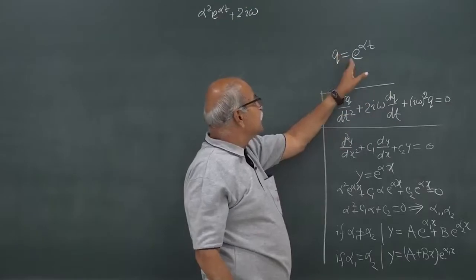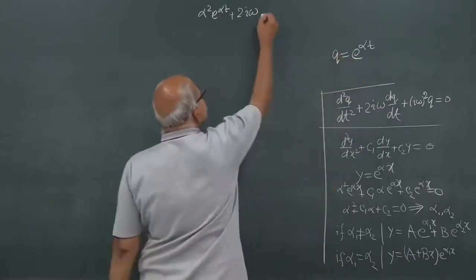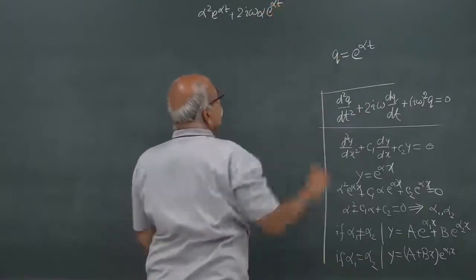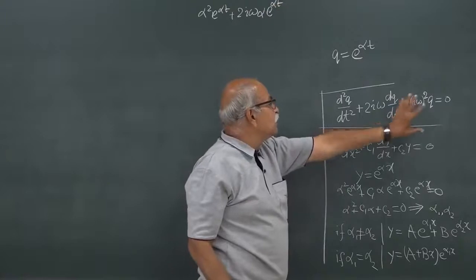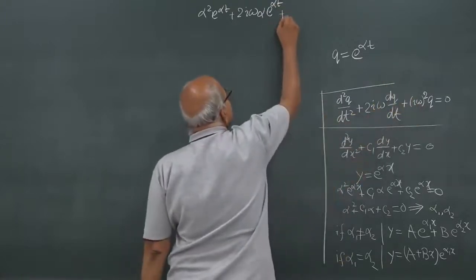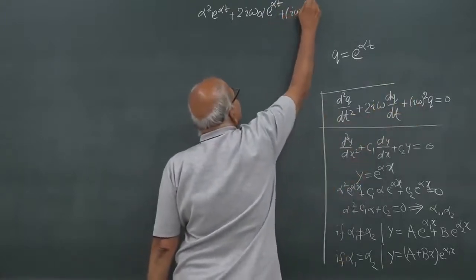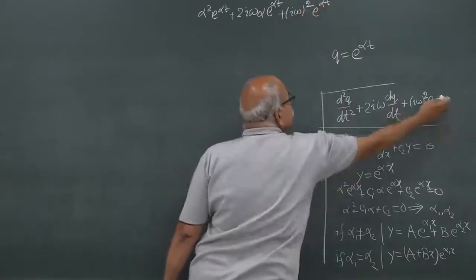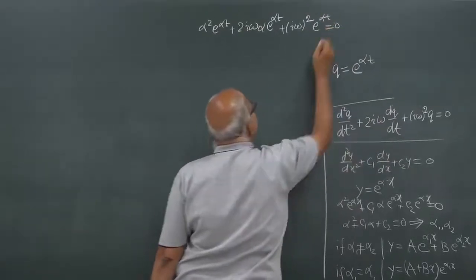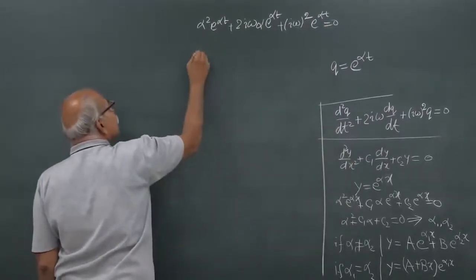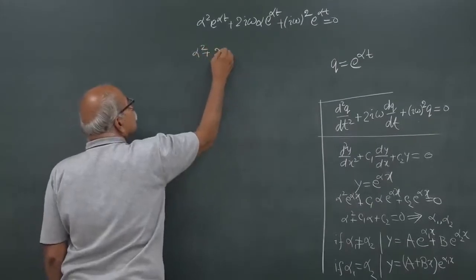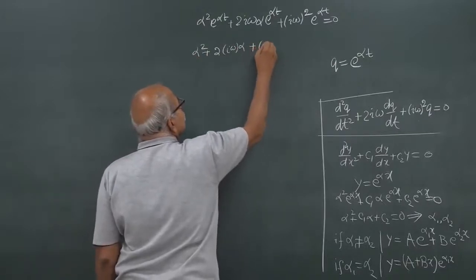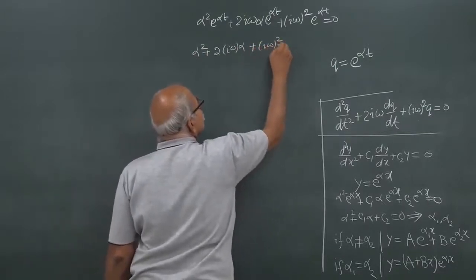dq dt will be alpha times e to the power alpha t. So, alpha times e to the power alpha t, and then plus I omega whole square, and q is e to the power alpha t, and that is equal to 0. So, this gives me alpha square plus 2 times I omega times alpha plus I omega square equal to 0.